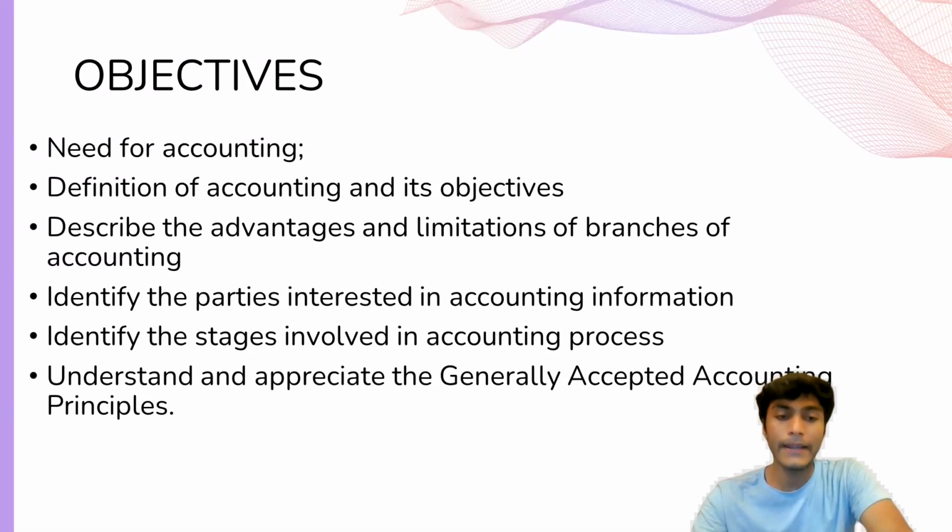The fourth is to identify the parties involved in the accounting information. It could be internal parties, it could be external parties. Identifying the stages involved in the accounting process. And lastly, we are going to discuss some generally accepted accounting principles in accounting, which is also known as GAAP, generally accepted accounting principles.